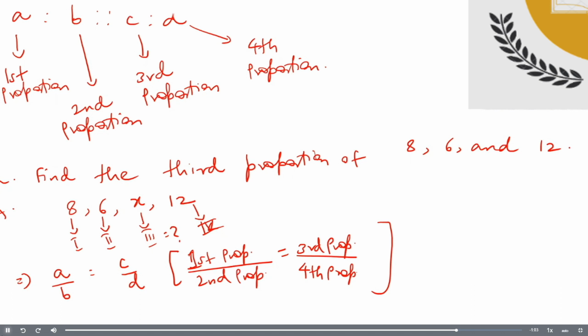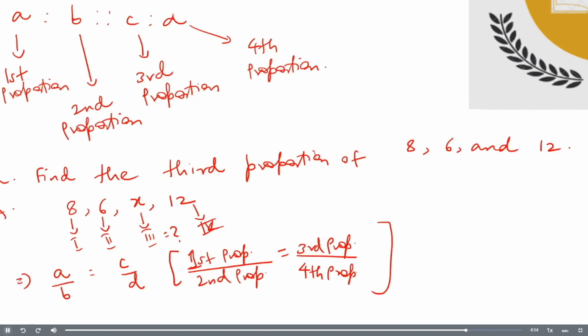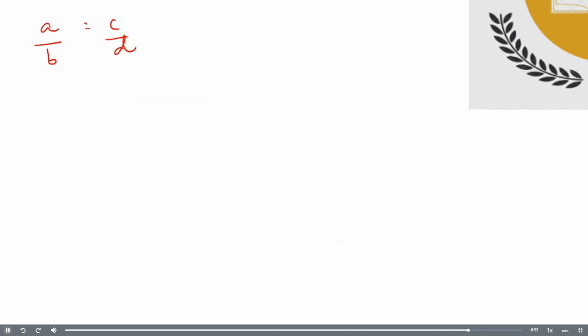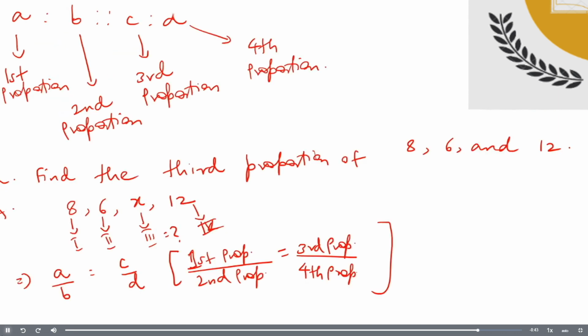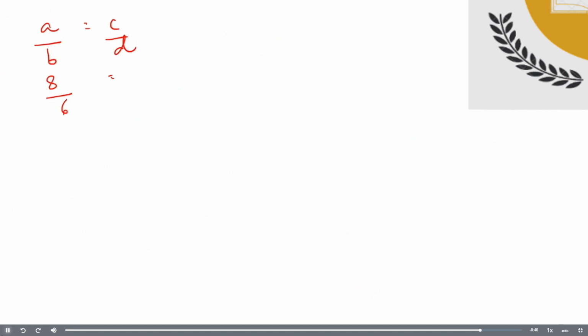We know that A by B is equal to C by D. A is 8, B is 6. So 8 by 6. C is X. We don't know what the third proportion is, so that is X. And D is 12.